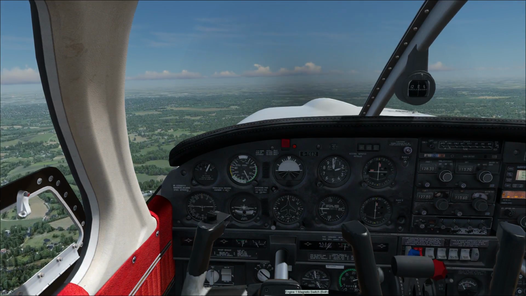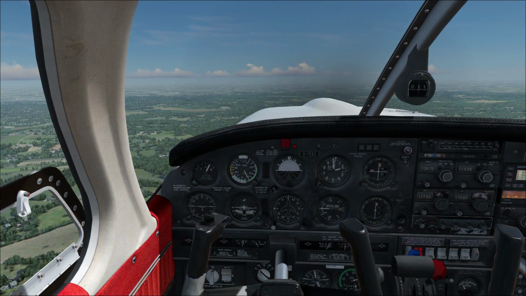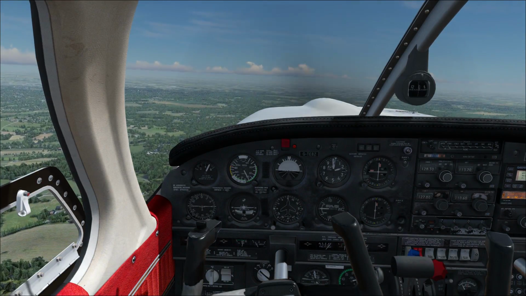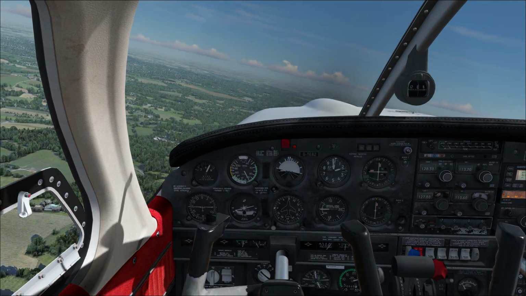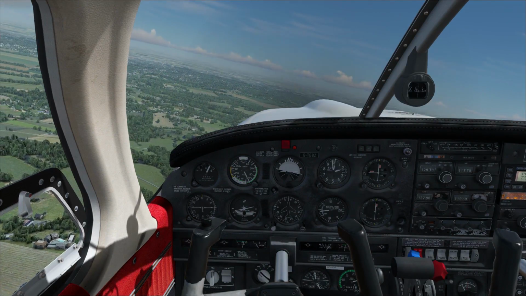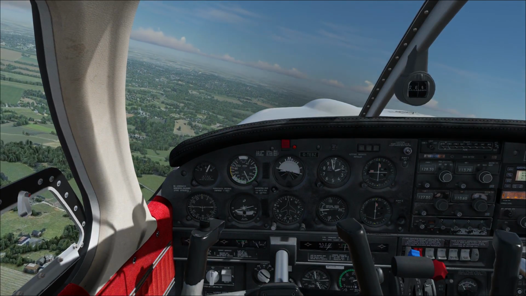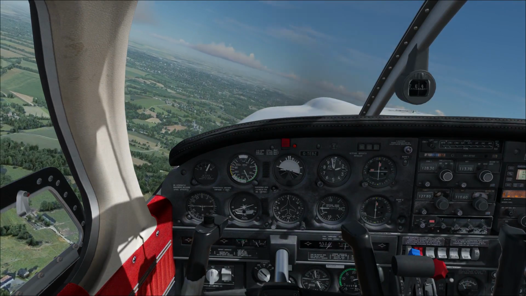So here we go. So we're going to turn to the left now. So gently, I turn the yoke. And as I turn, there we go, there's the 15. And I've got the elevator slightly up now. You saw it drop, you saw the vertical speed go down, so I've compensated for that.